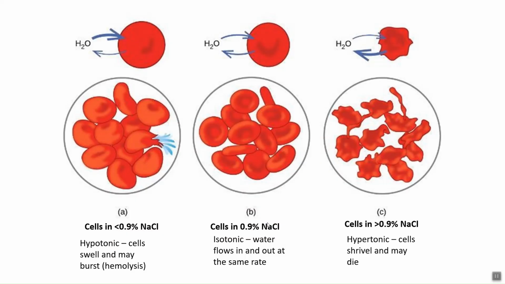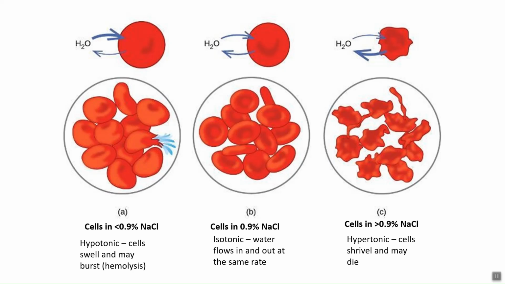Now, if we think about this in terms of cells, we can think of the cell wall as being the semi-permeable membrane. So the cell wall is a semi-permeable membrane, and it turns out that the osmotic pressure of our blood is 0.9% NaCl. Now you don't have to use NaCl as the solute. You can use other things like glucose, for example.